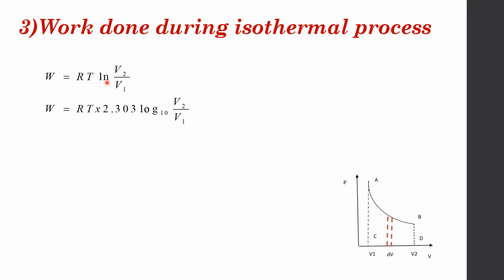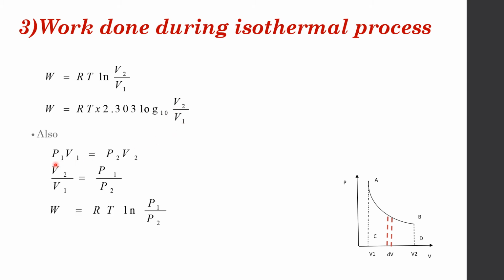The integration of dV by V will be ln of V, and then the upper limit and the lower limit are substituted. So you get ln of V2 by V1. This is the final equation, RT into ln of V2 by V1. Also it can be written as RT into 2.303 into log to the base 10 of V2 by V1.